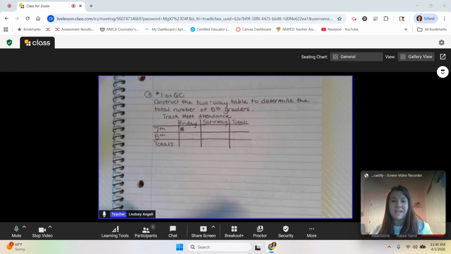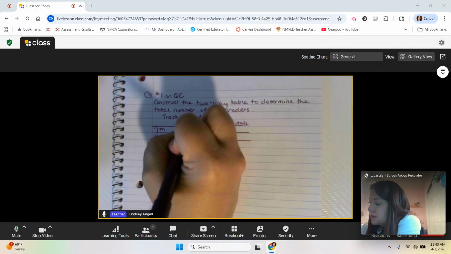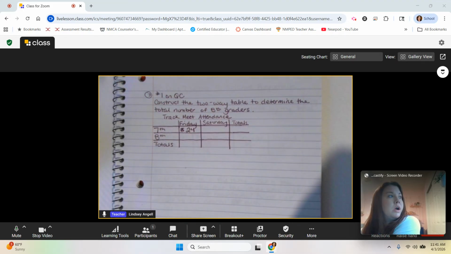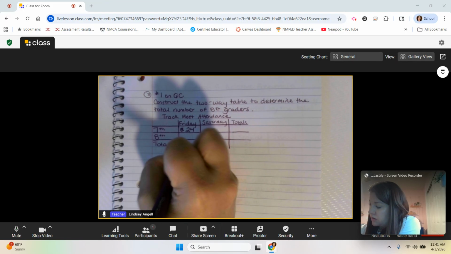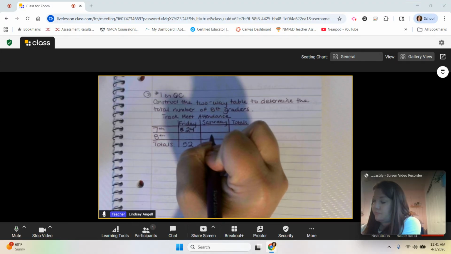All right, number 3. This is also number 1 on your quick check. Okay, so it says construct the two-way table to determine the total number of 8th graders. All right, track meet attendance. Let's see. Oh, and I didn't fill in the numbers that were supposed to be in there. The numbers that are given to you are 24 and 52, and then this one is 35.